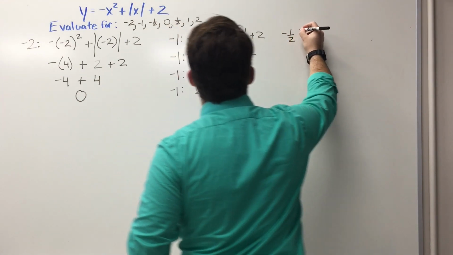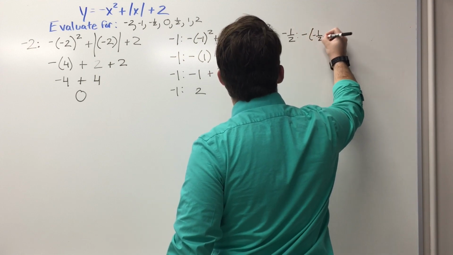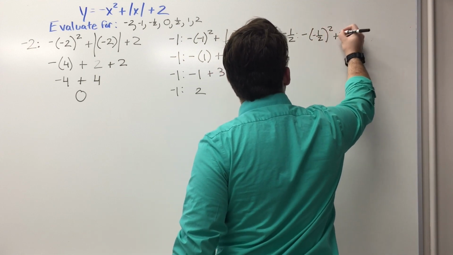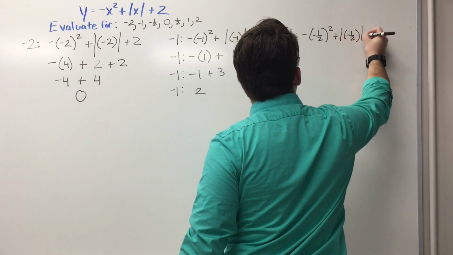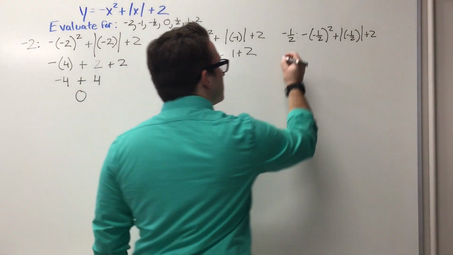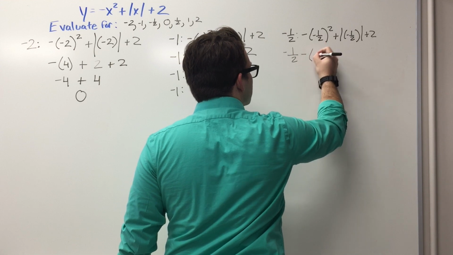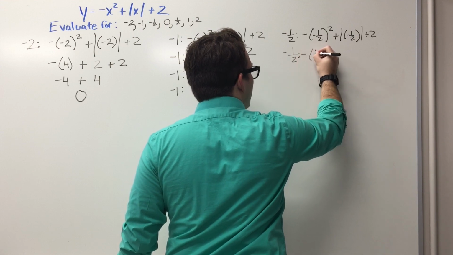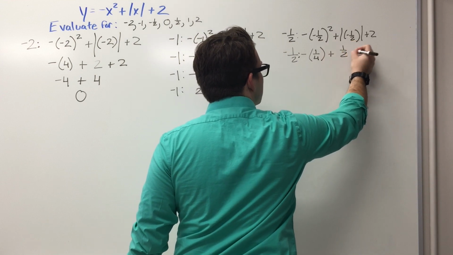For over here, we're going to do -1/2. Plug it in. That's what we get so far. When we square -1/2, it becomes 1/4. This becomes positive.